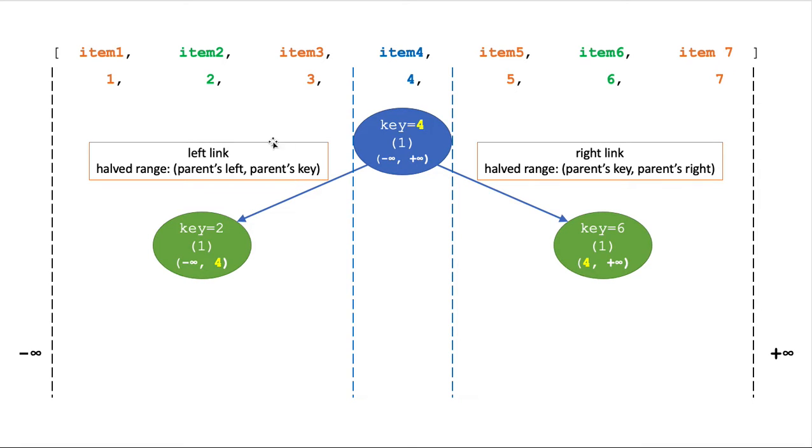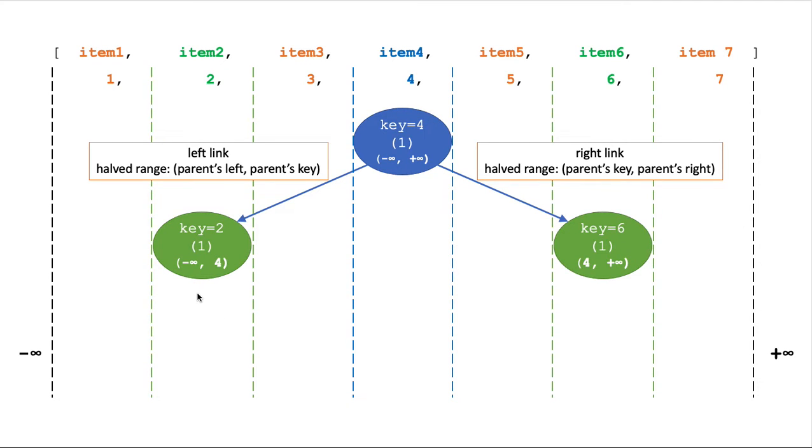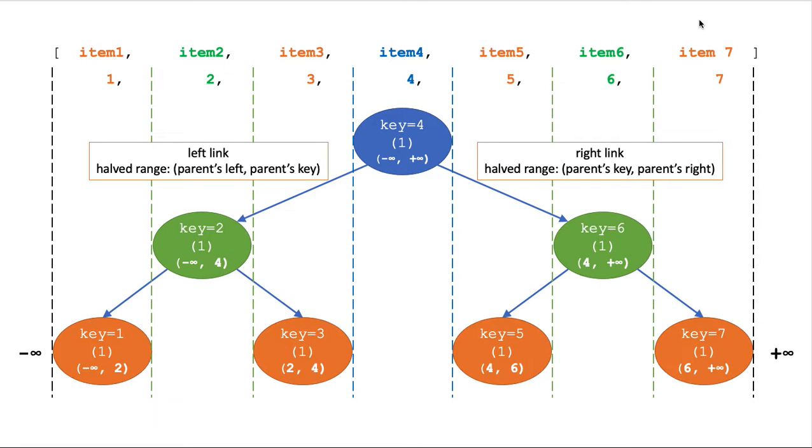And we also have this left link pointing to the left child node and right link pointing to the right child node. At the next iteration, we want to halve the search range again while excluding the node itself. And next, again, we want to locate the middle item within the half search range if that item is available.